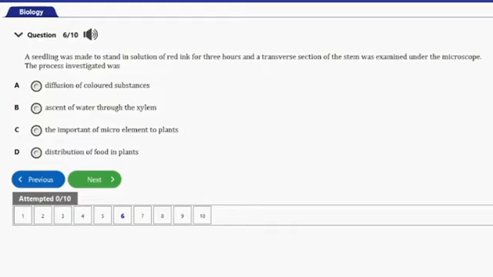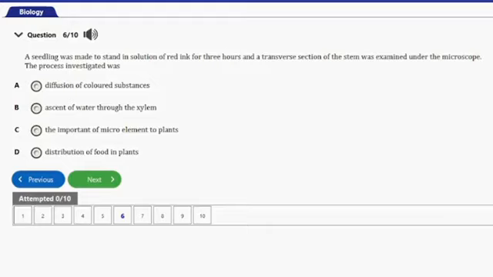The process investigated was A. diffusion of colored substances, B. ascent of water through the xylem, C. the importance of microelements in plants, D. distribution of food in plants. The answer to this question is option B, and that's ascent of water through the xylem. So that's it for that question.